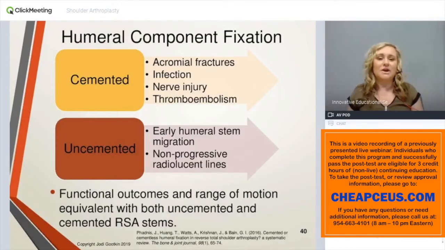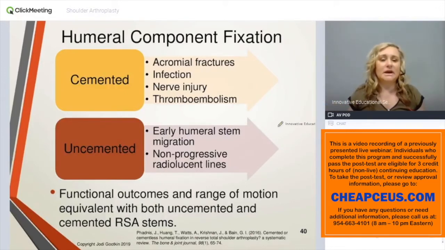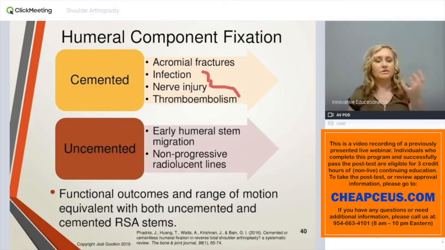When we look at fixation of that humeral component, they again have the options of either a cemented or an uncemented stem. The research says that in the cemented design there is a risk of nerve injury or potential infection or blood clots. And in the uncemented design, they did have some concerns that there was more shifting of the stem. So each has its ups and downs.